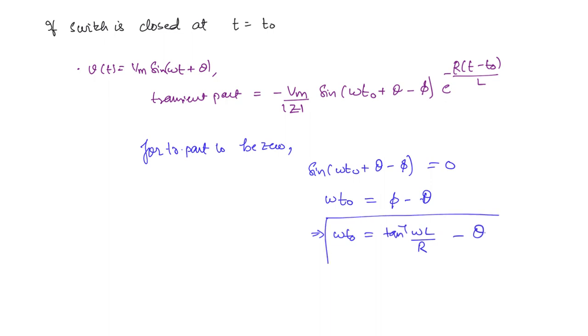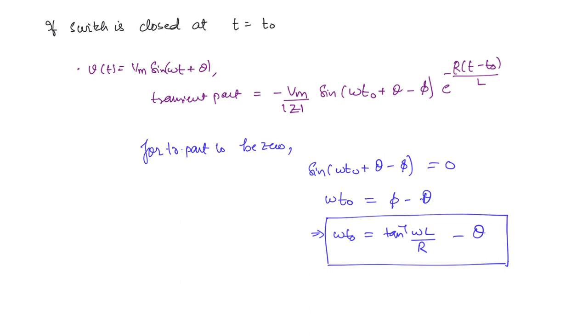This is the condition. So omega t naught should be of a certain value. If the switch is closed at a t naught such that t naught is equal to this value, then you will not have any transient.